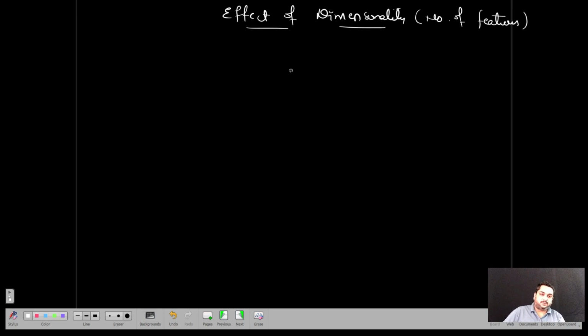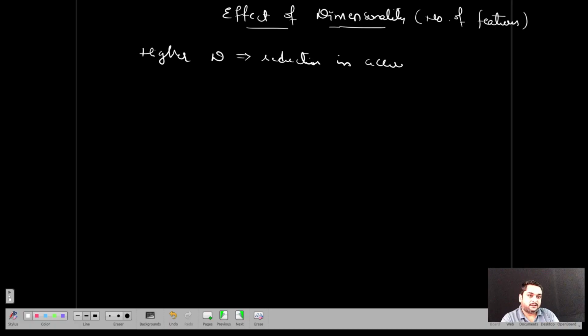Attendance percentage is one feature, and number of hours he studies per week is another feature. So that is the number of features. If I go on increasing the dimensionality, the number of features in my model or data set, how will it behave? Higher dimensionality implies reduction in accuracy.